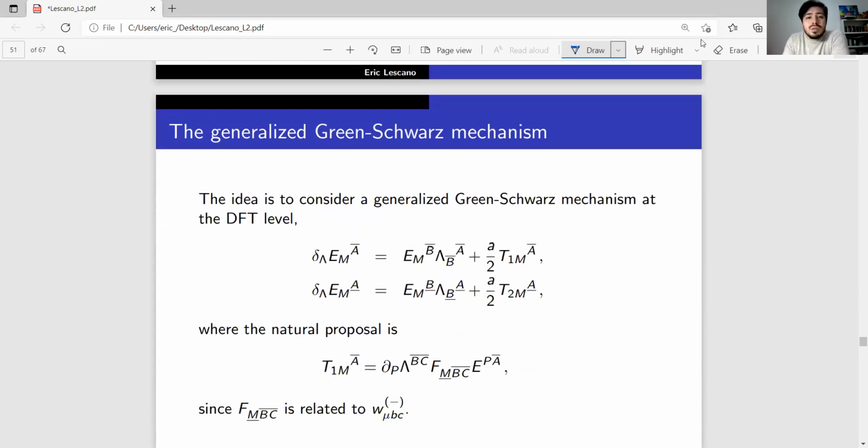And the idea is to consider a generalized Green-Schwarz mechanism at the DFT level, as I am saying. This factor over here, this is what we want, a generalized Green-Schwarz mechanism. The natural proposal for this kind of mechanism is to include a generalized flux over here, because this flux is related to the spin connection with torsion, and some derivatives of the parameter.